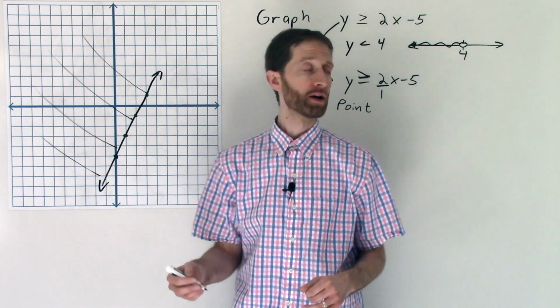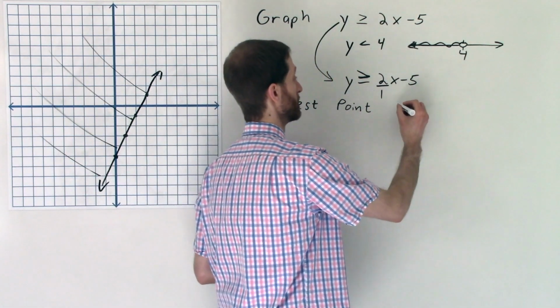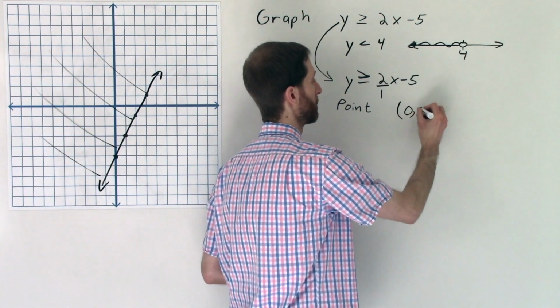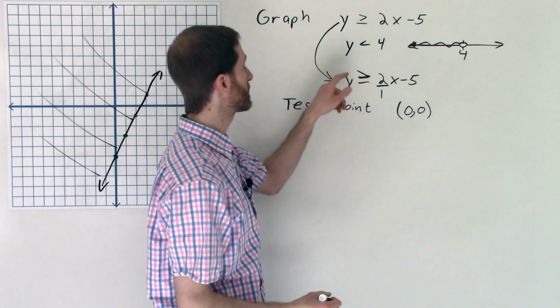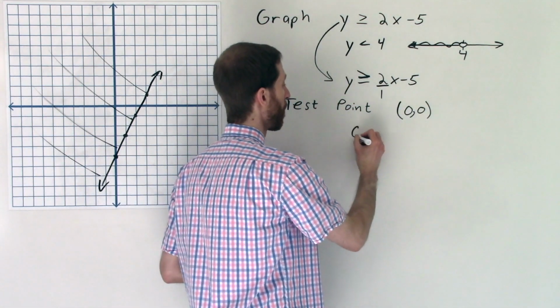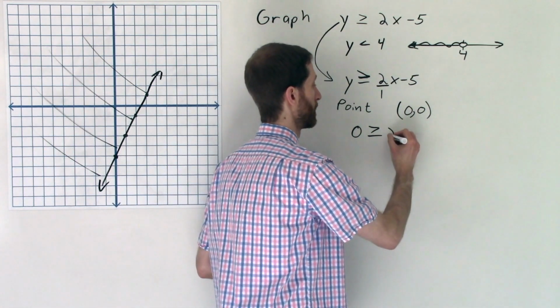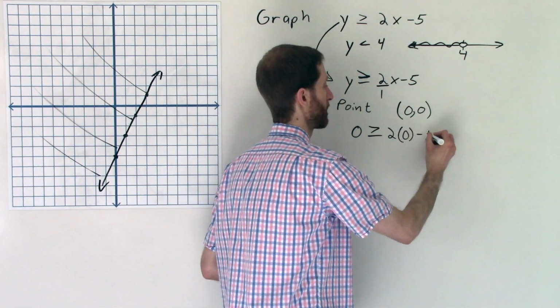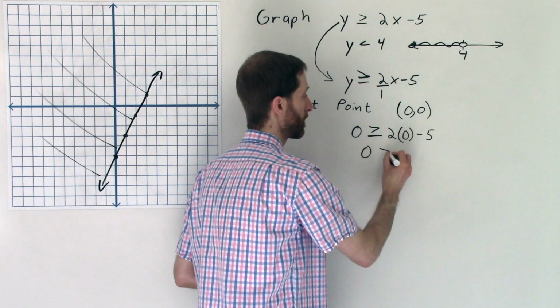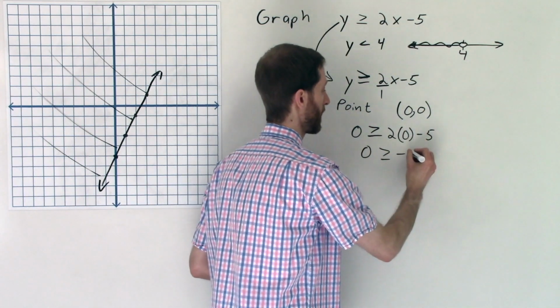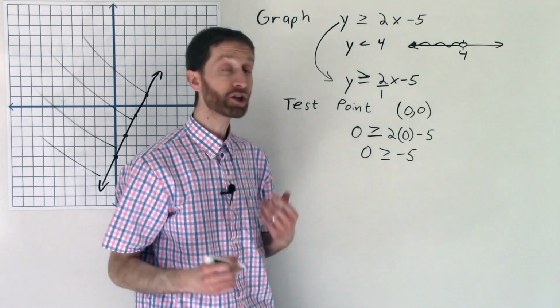So here we go. Let's plug in 0, 0. So I've got 0, 0, and I'm going to test it in the inequality. So y is equal to 0, is greater than or equal to 2 times 0 minus 5. We simplify that. 0 is greater than or equal to 0 minus 5, which is negative 5. Is that a true statement?